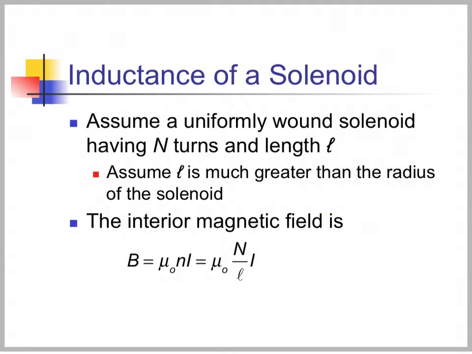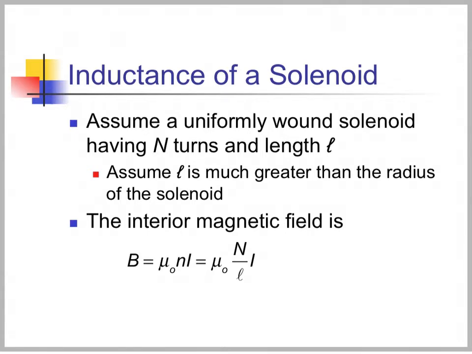So, what about a solenoid? What's the inductance of a solenoid? Well, let's assume I have a uniformly wound solenoid having N turns and length L. We're going to assume L is much greater than the radius of the solenoid, so it's longer than it is around.